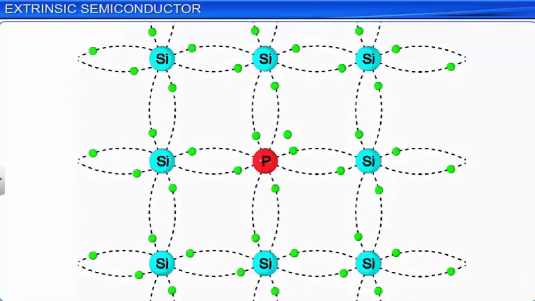The pentavalent dopant atom still has one very loosely bound valence electron that can be set free using a very small amount of energy. Thus, each pentavalent dopant atom contributes a free electron to the crystal lattice of the semiconductor.